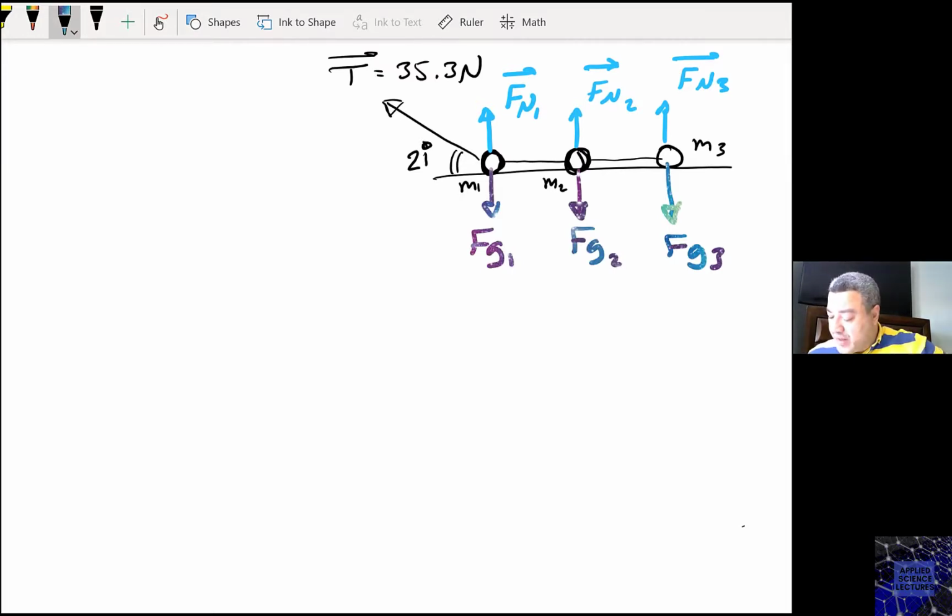Okay, so if I assume that my coordinates are positive x, y this way, then I can project this tension on the x-axis.